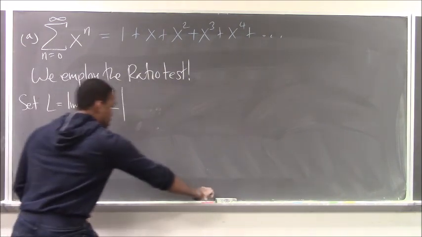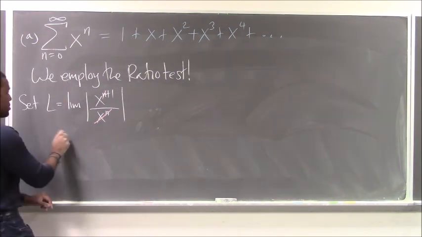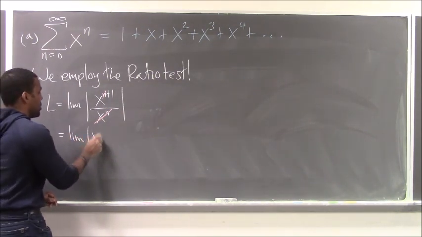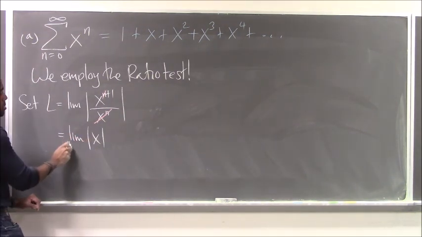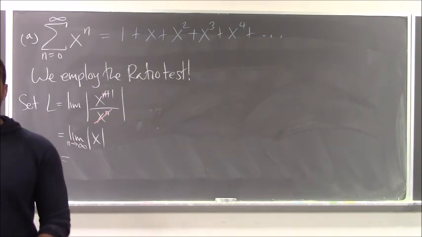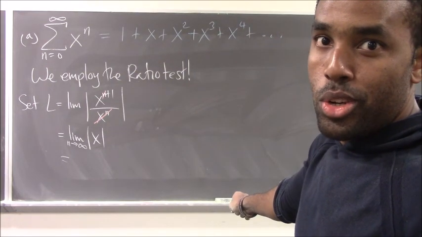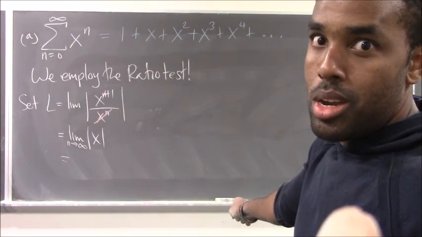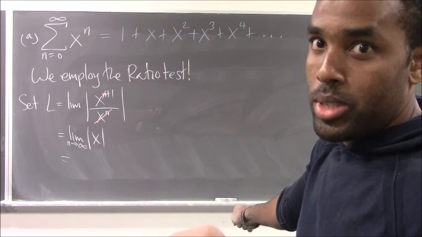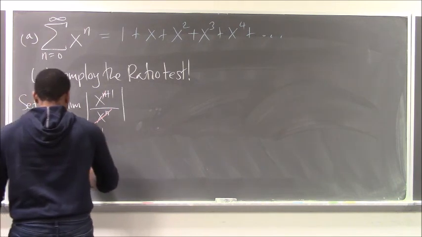Now, of course, this would simplify and I would have that. Now remember, this is the limit as n is approaching infinity. So what does that limit approach? Pause the video, tell me the answer. 3, 2, 1. Okay, what's the answer? Well, hopefully you said that the answer was the absolute value of x.